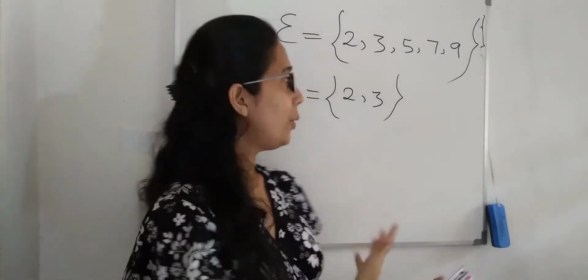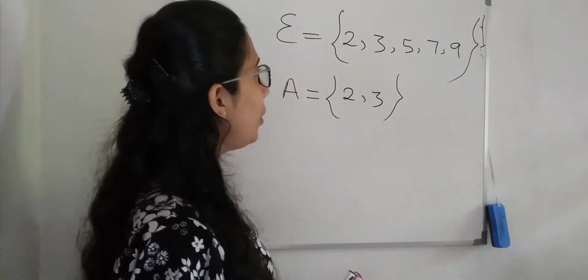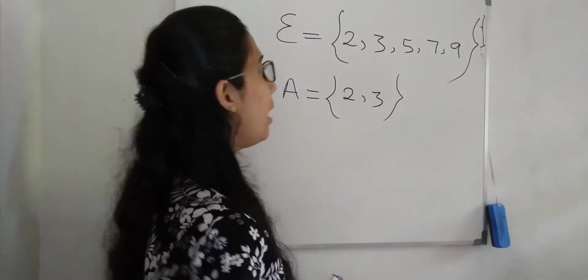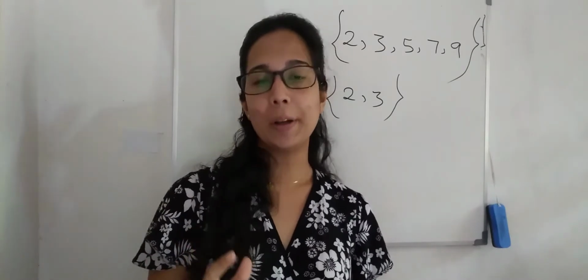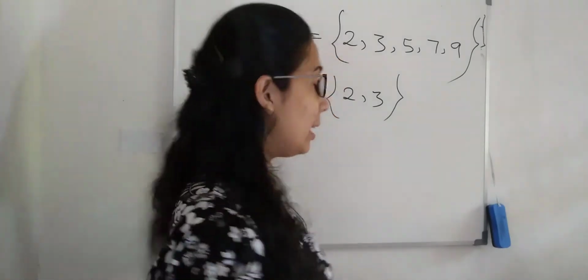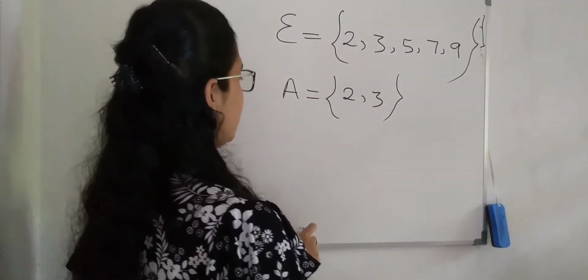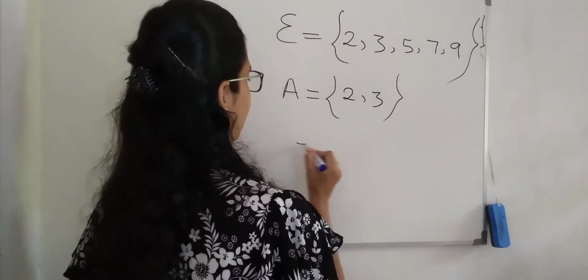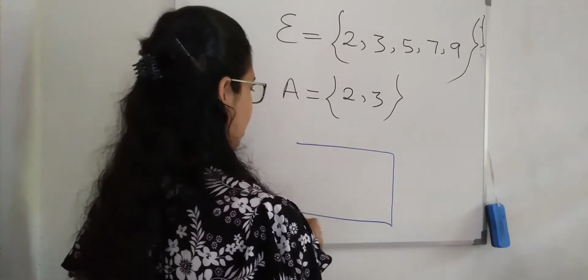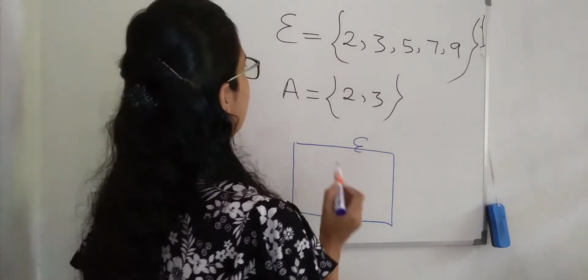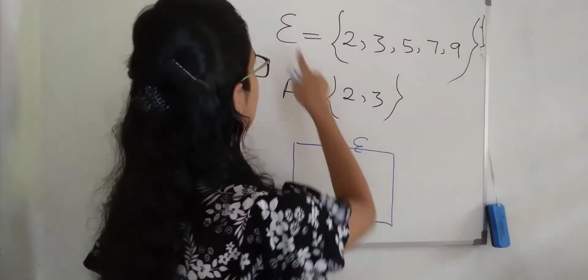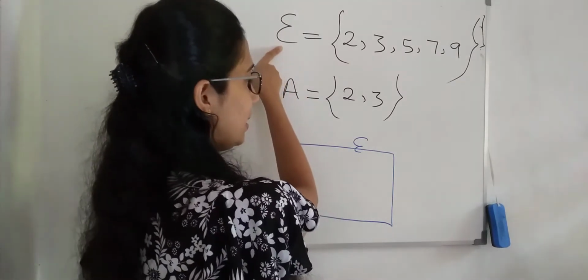Okay, now how do we represent that? How do we represent this universal set? I told you we use a rectangle to represent a universal set. So let's draw a rectangle, and name it using the sign of the universal set.